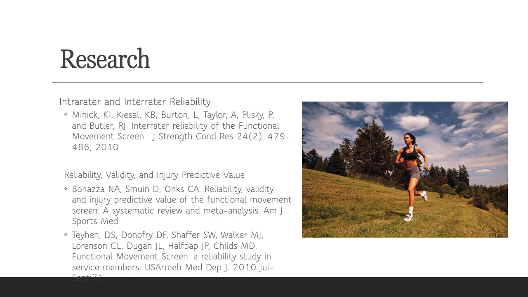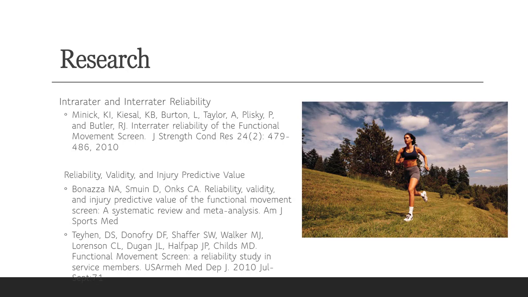There were 5 studies that measured inter-rater reliability among raters with varying levels of FMS experience. Only one of those found unacceptable inter-rater reliability. The interclass coefficient was found to be 0.81, indicating acceptable intra-rater reliability.